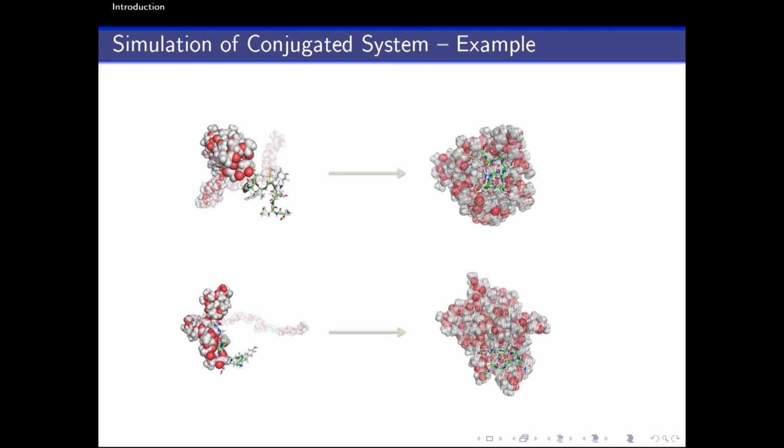So what you can see here in the picture, on the left-hand side would be the initial conditions in which we started to simulate. And the spheres here, the red and white spheres, are the polymers. And CPK representation, ball and stick representation of the protein, of the peptide, and they're conjugated. And on the right-hand side, you see what they look like at the end of the simulation.